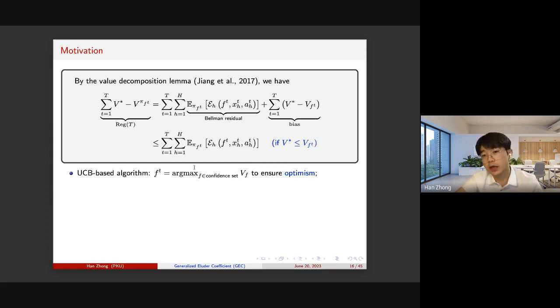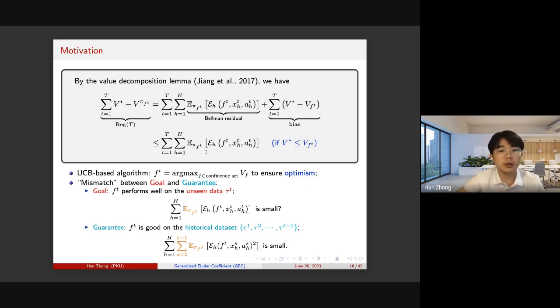So now imagine that we have the optimism, and we want to minimize this Bellman residue term. Our observation is that to minimize this term, which is also non-trivial, there is a mismatch between the goal and the guarantee. Our goal is that F_t performs well on the unseen data tau_t. Here the expectation is taken with respect to pi_{F_t}.